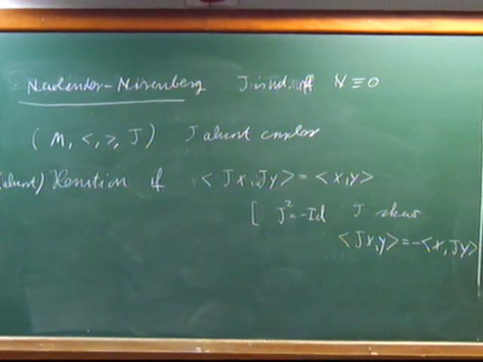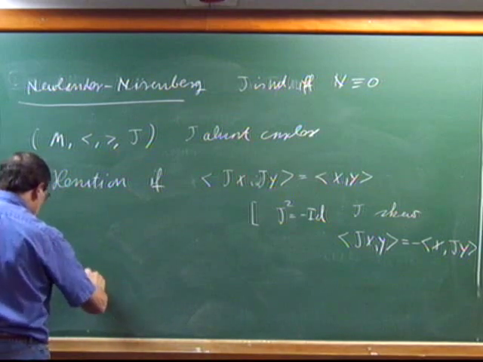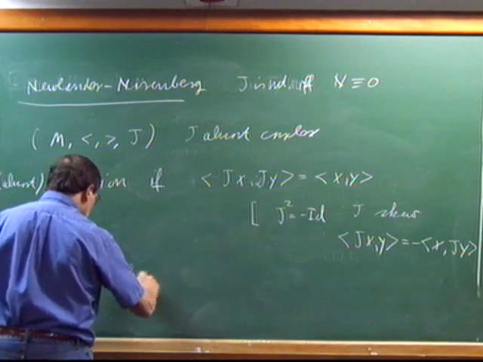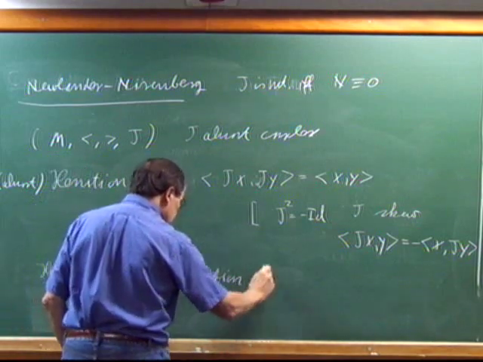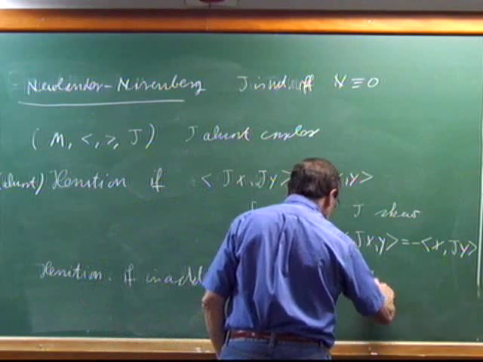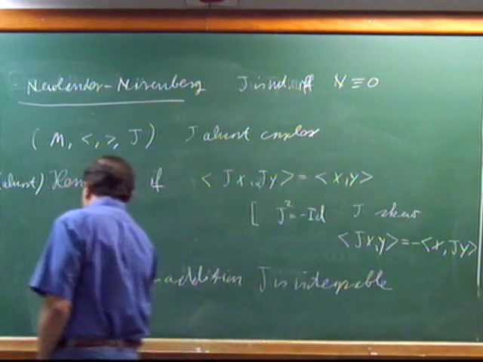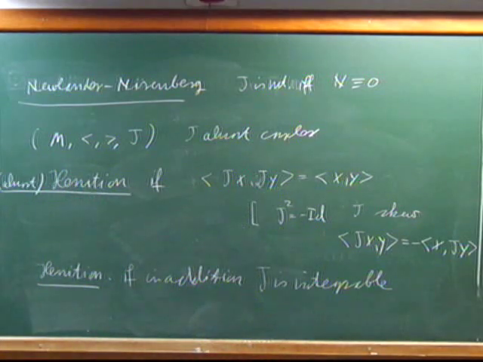So I call it almost Hermitian, and I call it Hermitian if J is integral. That's a fairly weak structure.